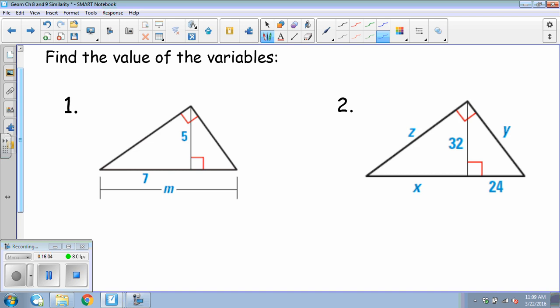Okay? And so they give me that, right? So what pattern do you think we would use? The middle pattern, right? The altitude pattern.